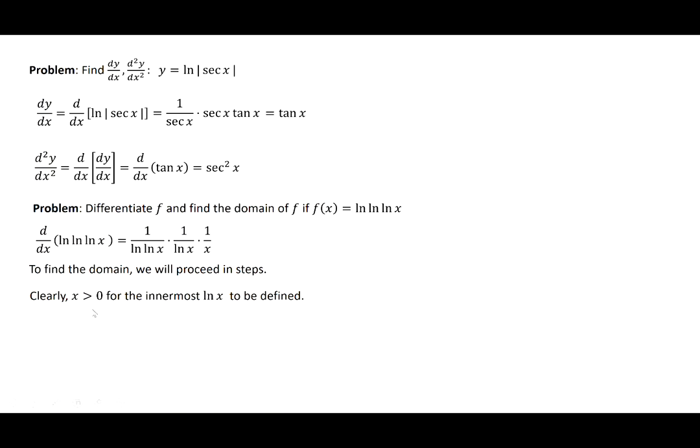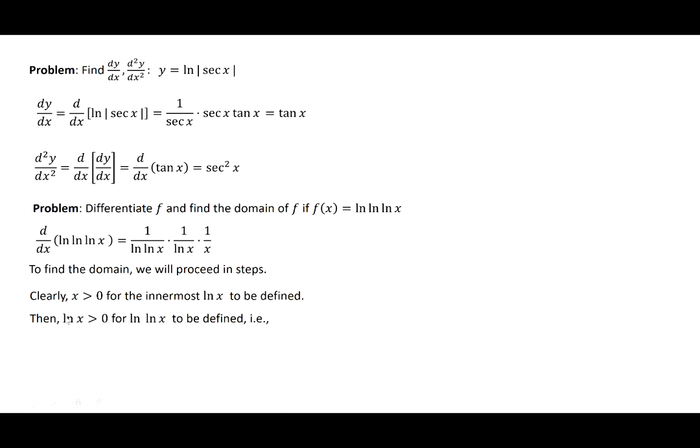Cool. Now, for the second one, its argument is natural log of x. So this natural log of x better be bigger than 0 so that the natural log of natural log of x is defined. Okay, now what does it mean to say natural log of x is greater than 0? What should x be? Do one thing. Raise both sides to the power of e.